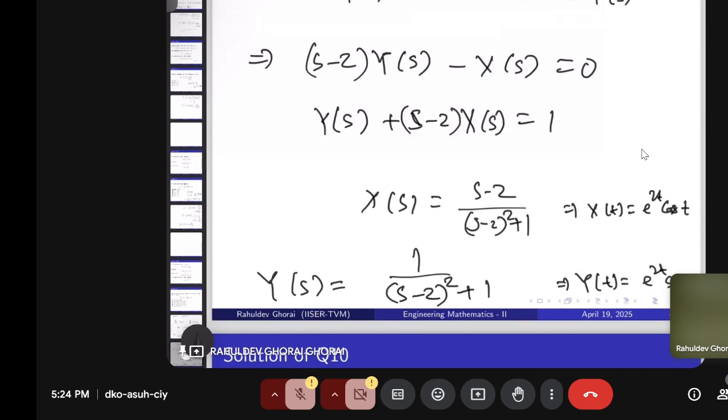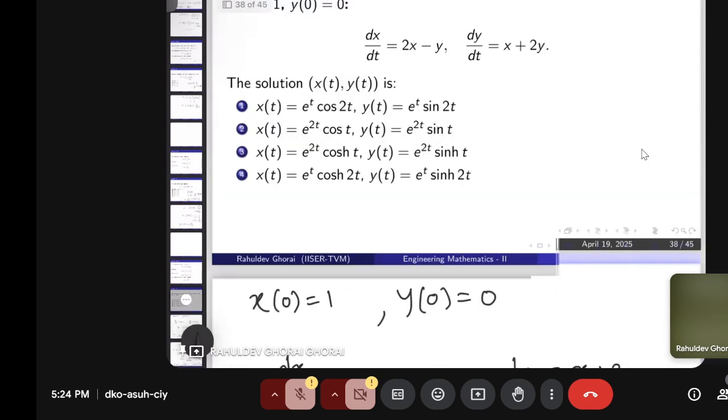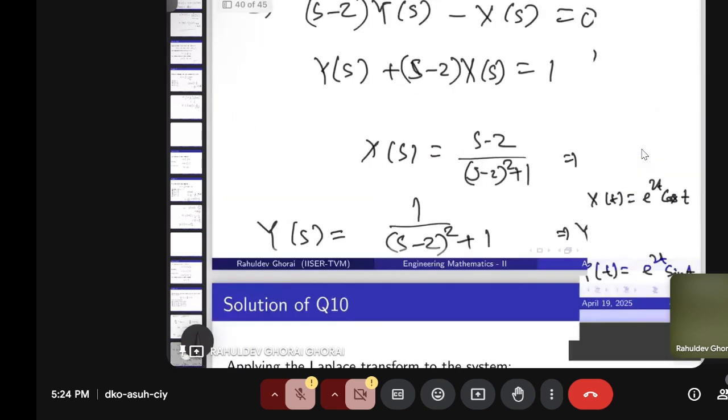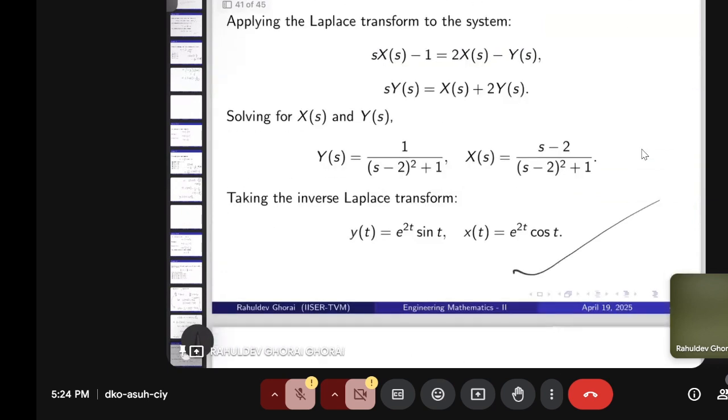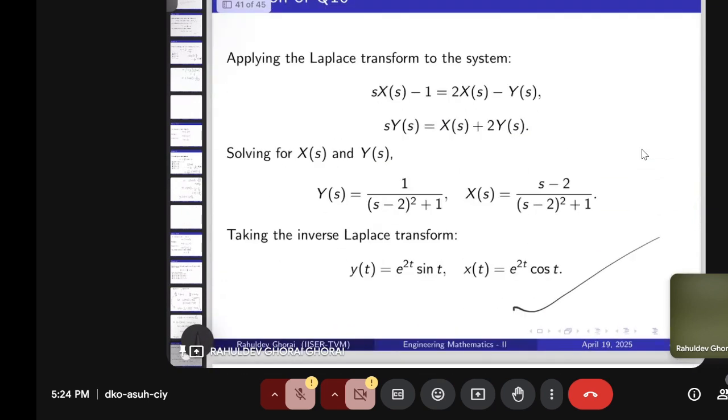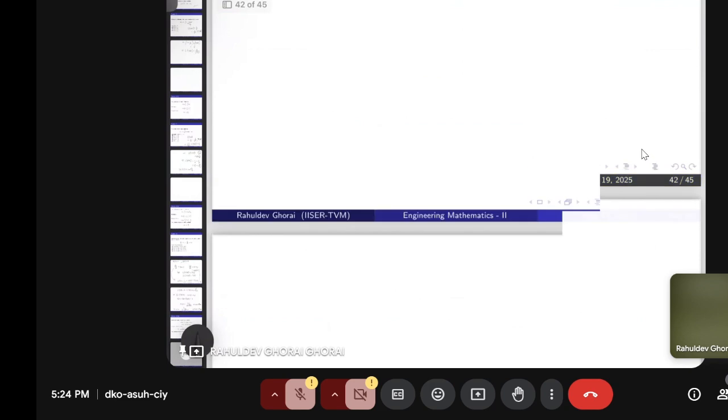That's all, that's the answer. See how easy it was using Laplace transformation. So I have done the calculation, and this will also be shared with you, the solution of question 10.